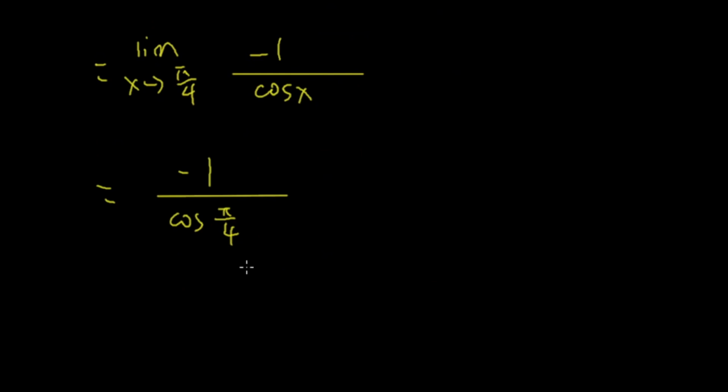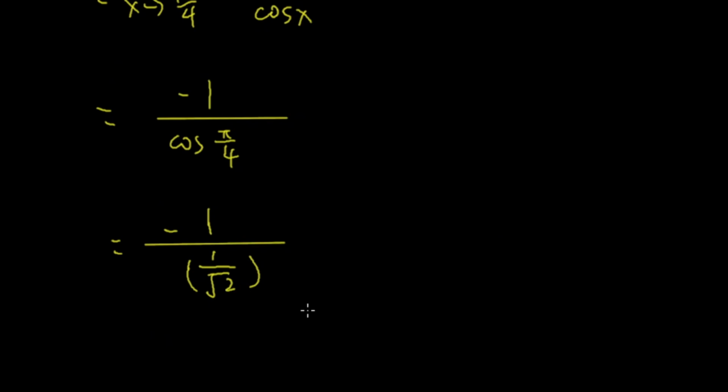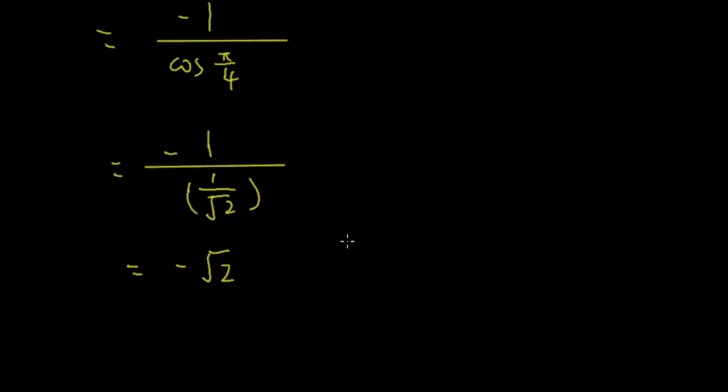And cosine pi over 4 is exactly equal to 1 over square root of 2. So we have divided by 1 over square root of 2. That's the same as negative square root of 2. Okay, so that's the answer to this limit.